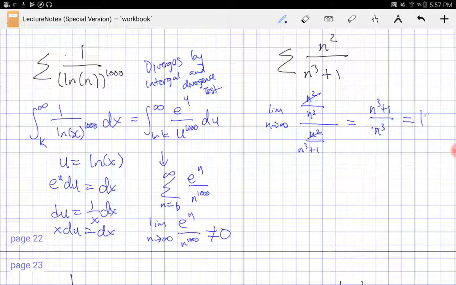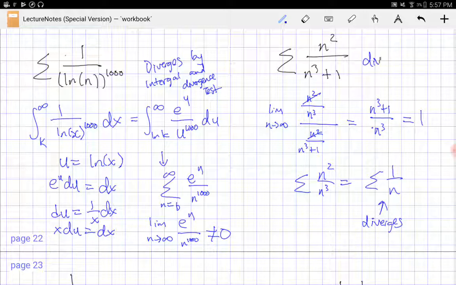Since this is equal to 1, we know that this series behaves the same as this series, and this series is equivalent to 1 over n, because I divide top and bottom by n squared, and this is the harmonic series, or the p-series, which we know diverges. So this series diverges by our limit comparison test.